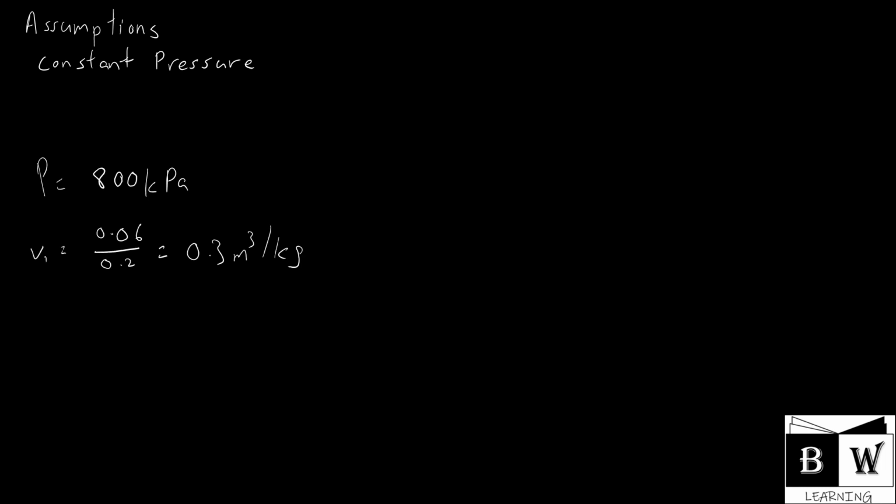So what we can find out is that you have a pressure that is going to be constant at 800 kilopascal. And you need to find the specific volume. When we talk about specific volume, you will take the volume of our state and divide the mass. So 0.06 divided by 0.2 gives us 0.3 meter cube per kilogram.